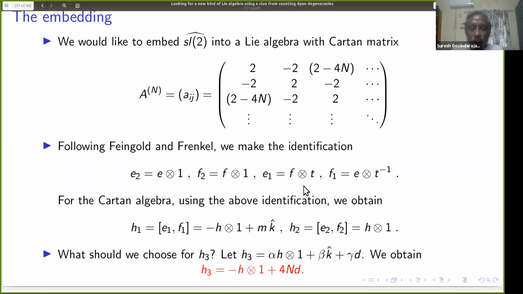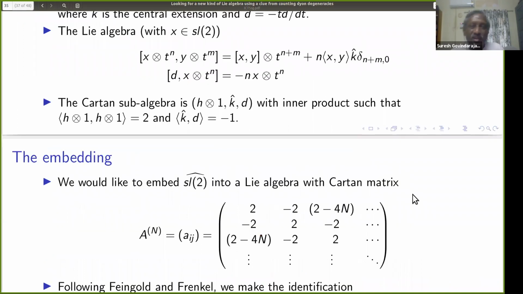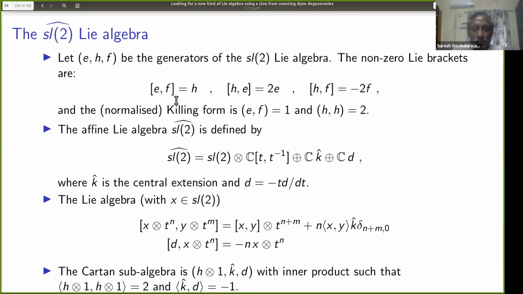Then I need a few things. You start with SL2 or SU2, and then SL2 hat is obtained by taking this and tensoring it with Laurent series in an auxiliary variable T, and then you add a central extension and a derivation.